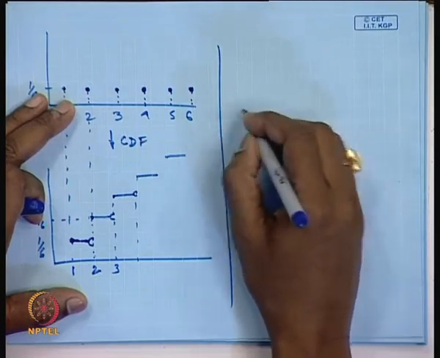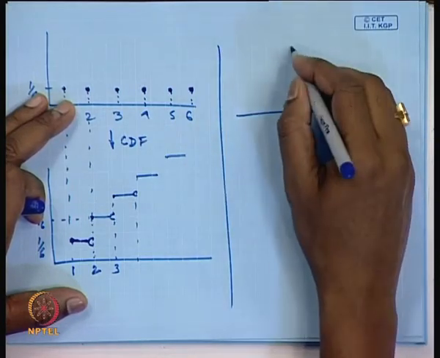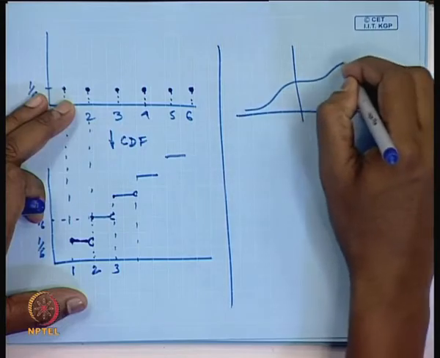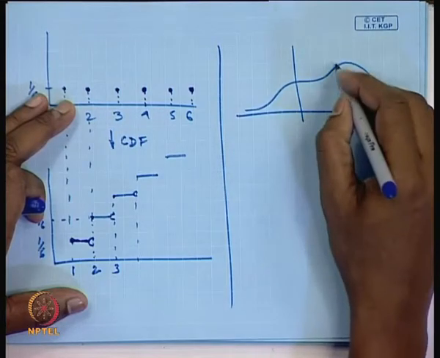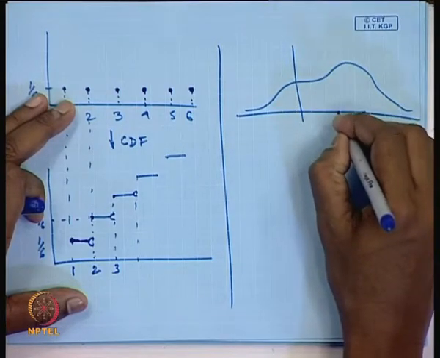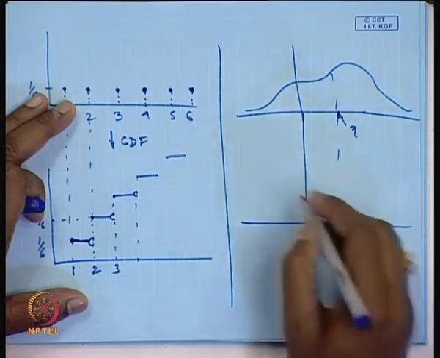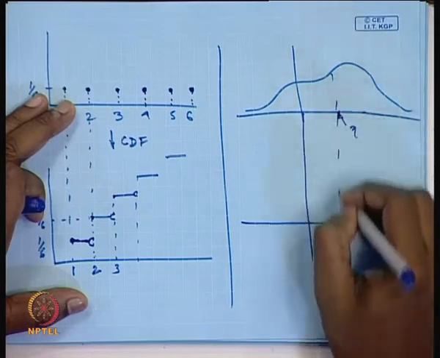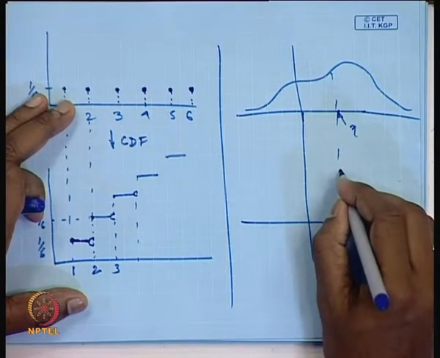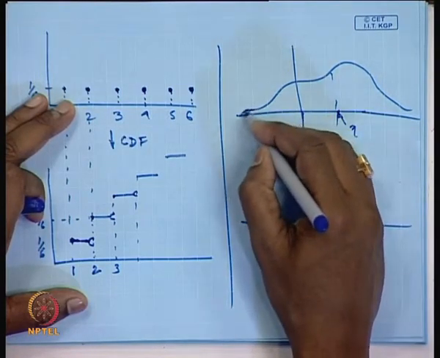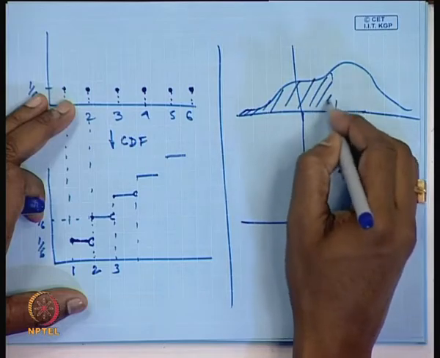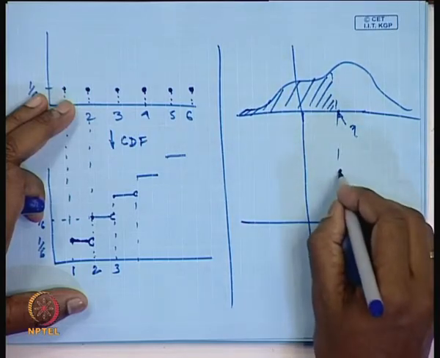For a continuous random variable, the distribution may look like this. At a particular value x, this point represents the total area from the left support up to that point x.